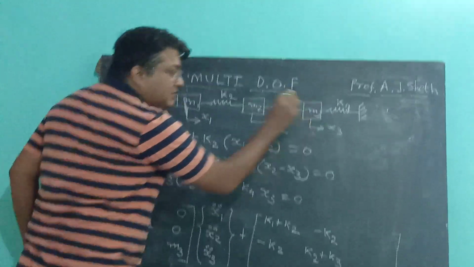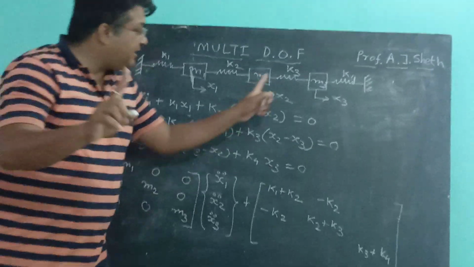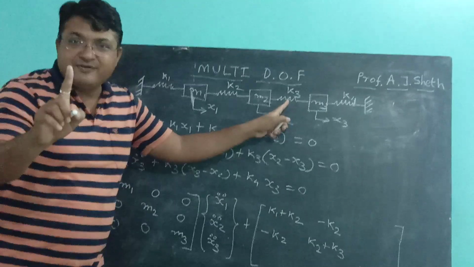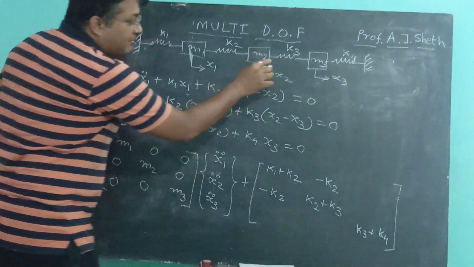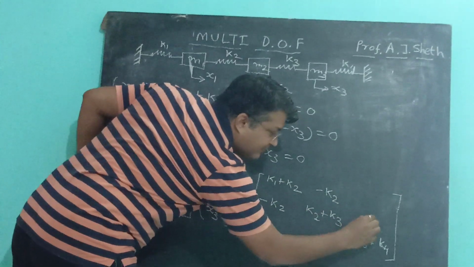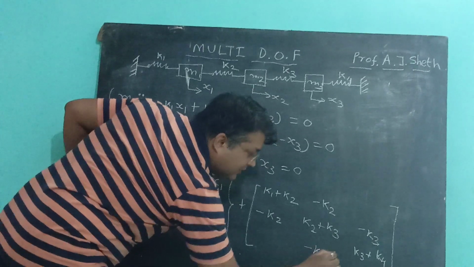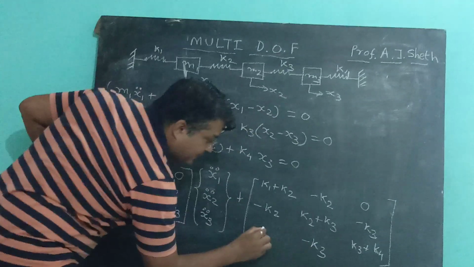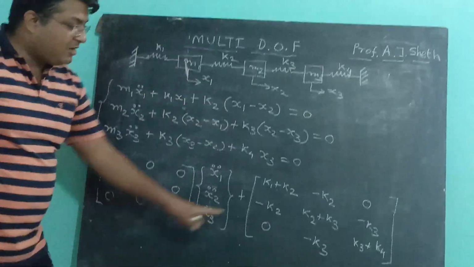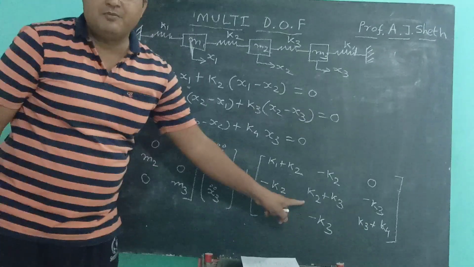For m2 and m3, the interconnecting stiffener is K3, so minus K3, minus K3. The rest of the locations are 0. This is how the stiffness matrix is formed.